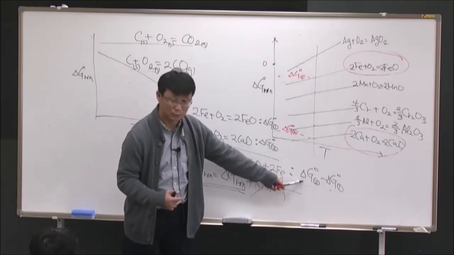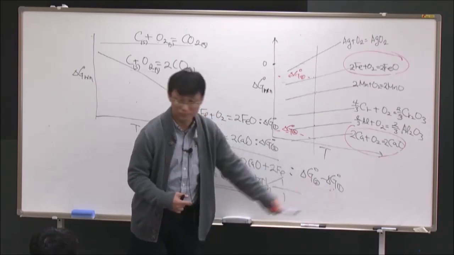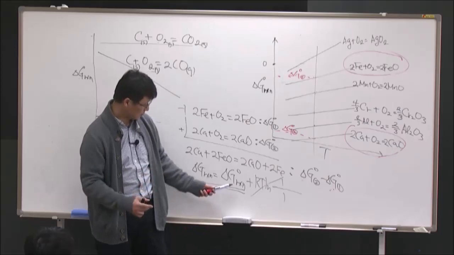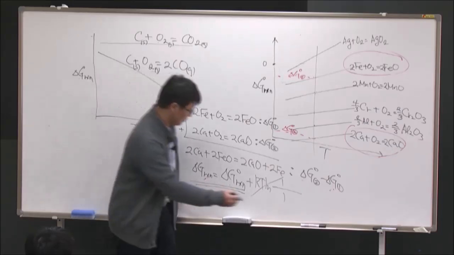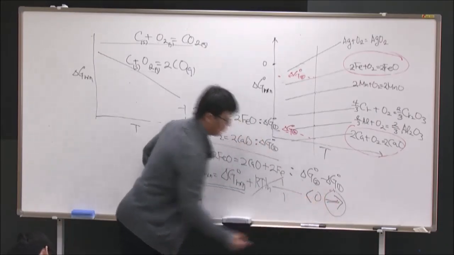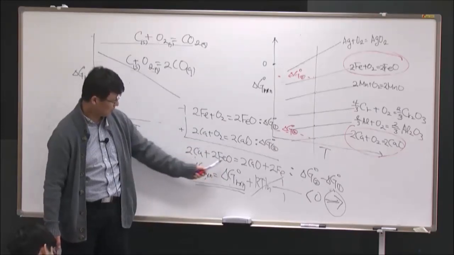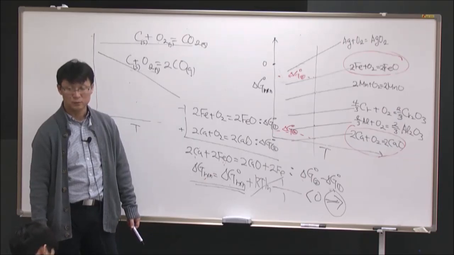For example, this is minus 1000 and this is minus 500, then it becomes minus 500, which is a negative term. So delta G of reaction is less than 0, which means the reaction goes forward. Calcium metal can be used for the reduction of iron oxide to iron metal.